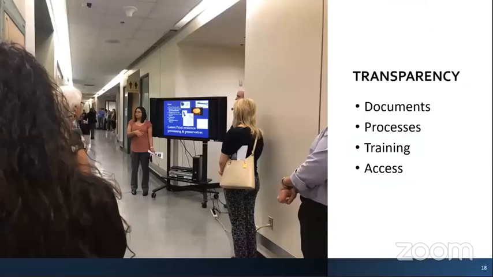Transparency is one of those things that I really believe rounds out this opportunity to look at mitigating bias. And it's the final component that we're going to talk about today. And I encourage you all to consider opening your laboratory to all of your stakeholders.